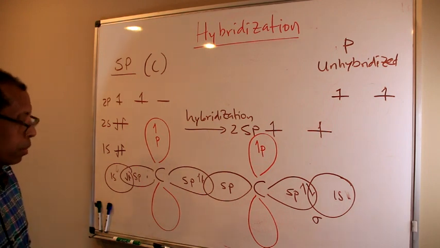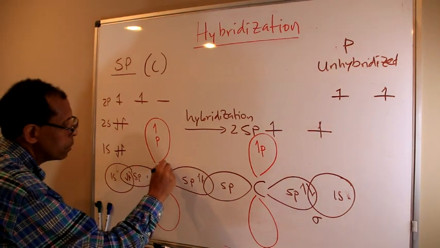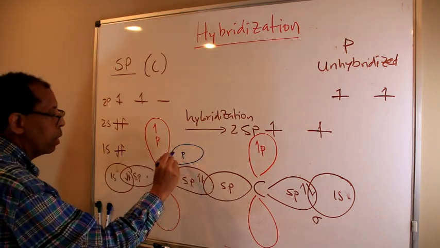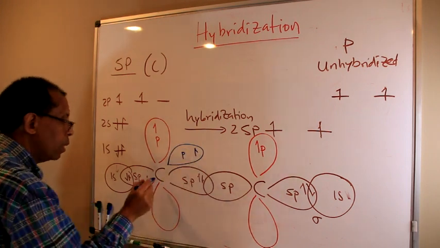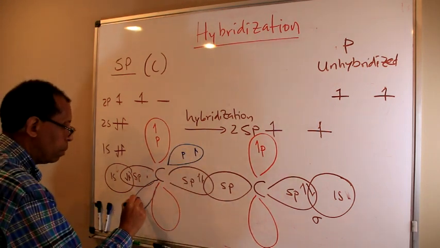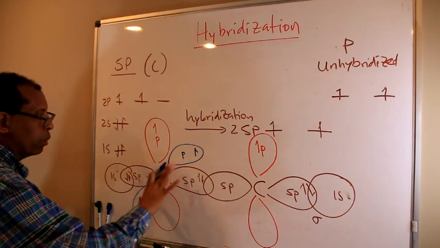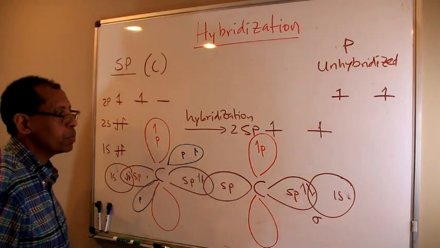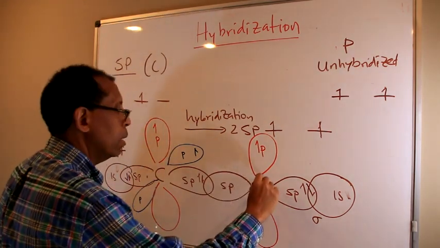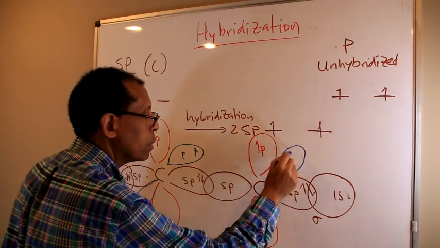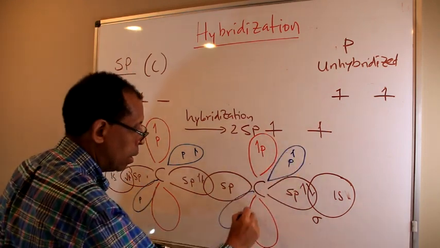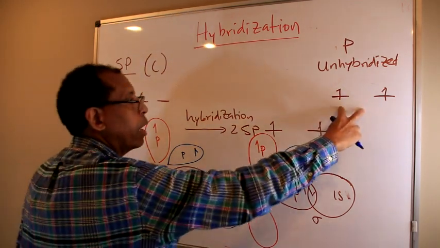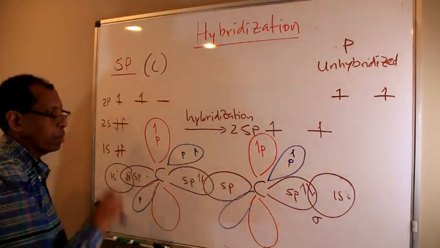Therefore, I will just draw this. So it's 90 degrees to this p orbital with one electron here. So this p orbital and that p orbital are 90 degrees to one another. So they look like this. These two p orbitals are the unhybridized p orbitals.